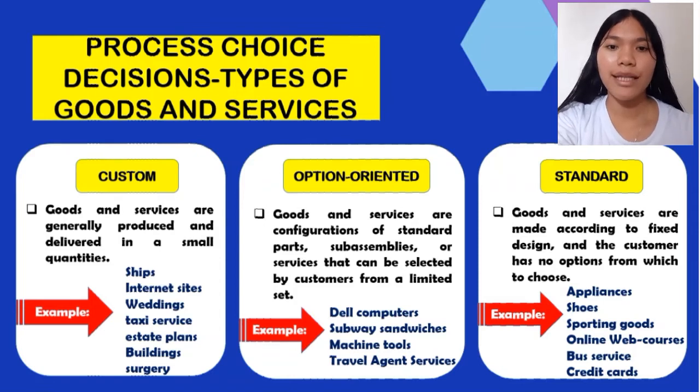So the examples for that are Dell computers, Subway sandwiches, machine tools, and travel agent services.